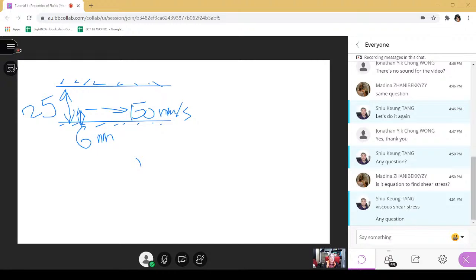Now you are asked to assume the velocity gradient between the plate and the wall is linear. And because this wall is not moving, the velocity at the wall is 0.